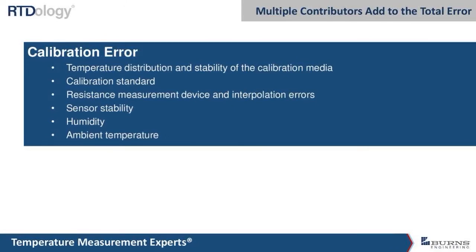The reason some of these errors come up is that there's the instrumentation that is involved, and then the temperature baths, whether it's an ice bath or a heated oil bath. There are temperature gradients throughout all of those, and those all contribute to that calibration error.